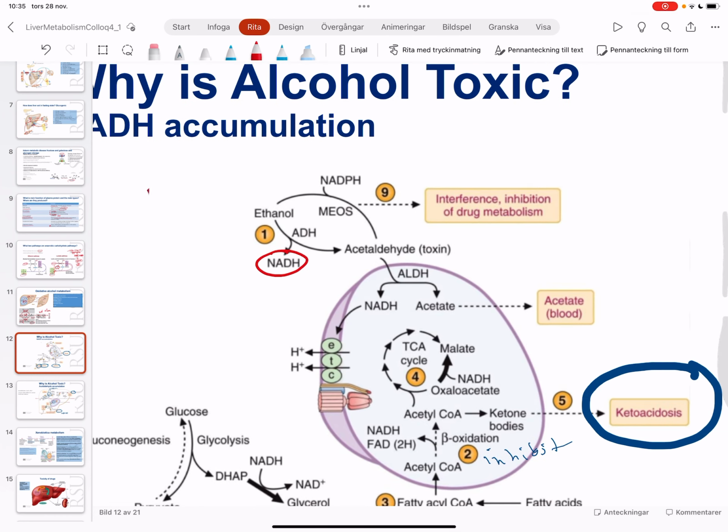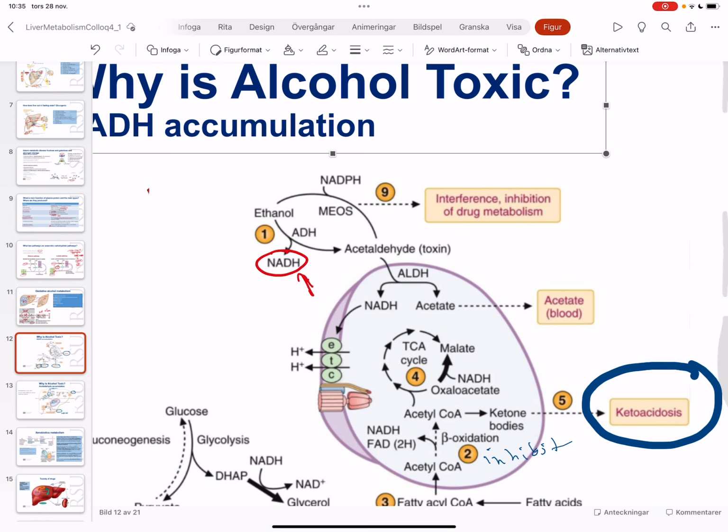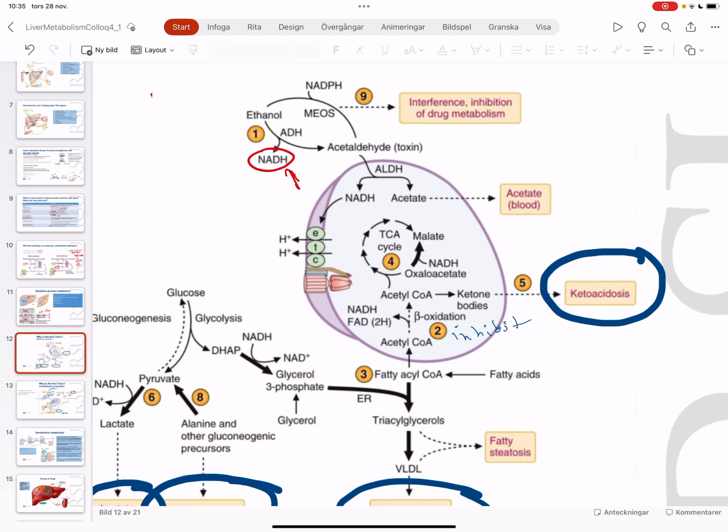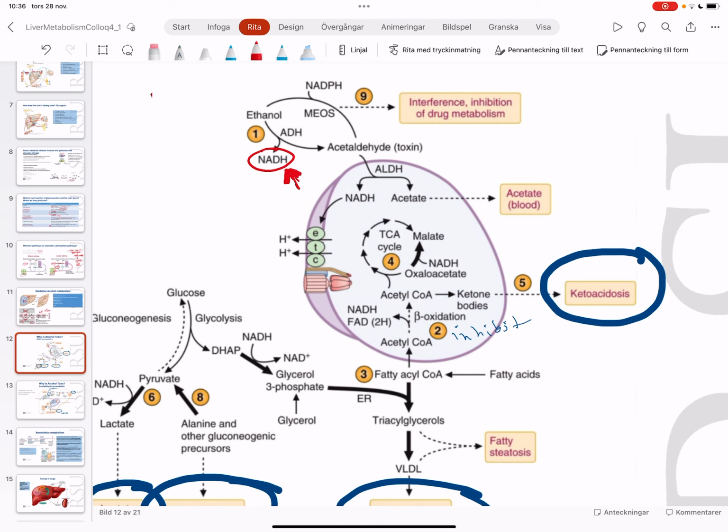So, as we convert ethanol to acetaldehyde, we will produce a lot of NADH. And then it will go to the liver, where it will go to the mitochondria, where it will be converted into acetate. And now that there is a lot of NADH, in, let's say, an alcoholic, this will disrupt the balance between NAD plus and NADH.